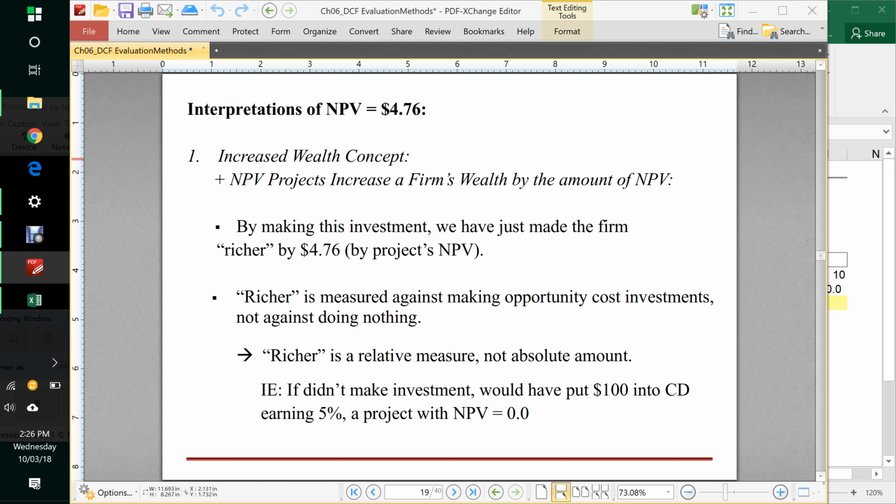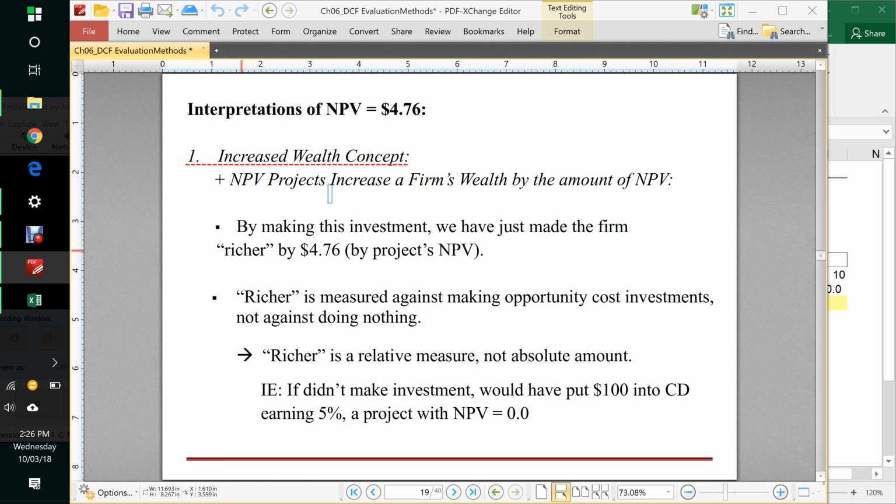So what are some interpretations of this $4.76? Just like all the lessons we're learning today, there are going to be two important interpretations. Everything's coming in twos today. Number one is the increased wealth concept. This says positive NPV projects increase a firm's wealth by the amount of the NPV.